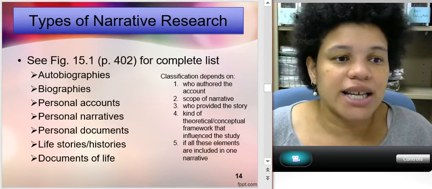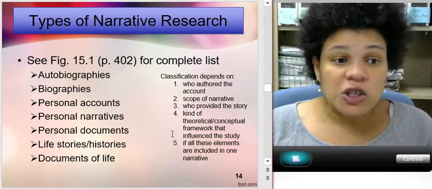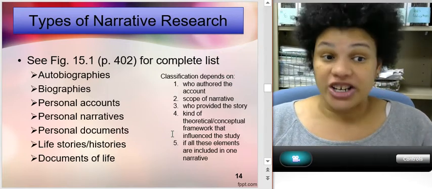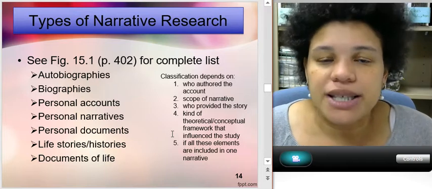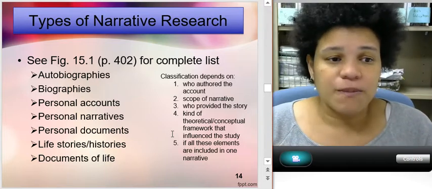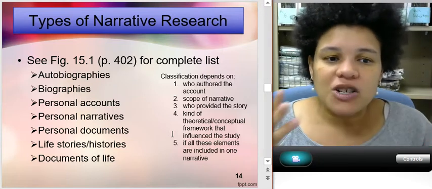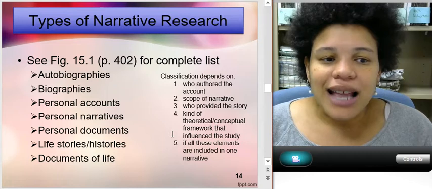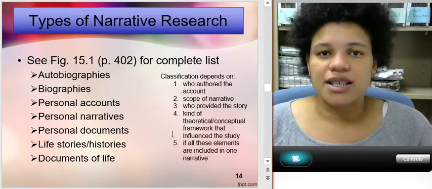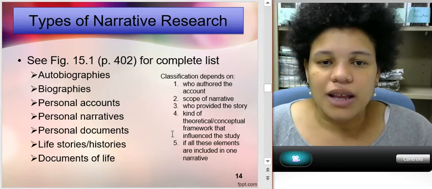Okay, slide 14. Types of narrative research: autobiographies, biographies, personal accounts, also called personal narratives, personal documents. So often letters are used. In this day and age, it might be emails. Personal documents, life stories, histories, and just the documents of life.